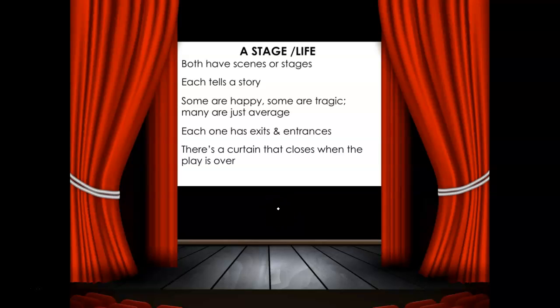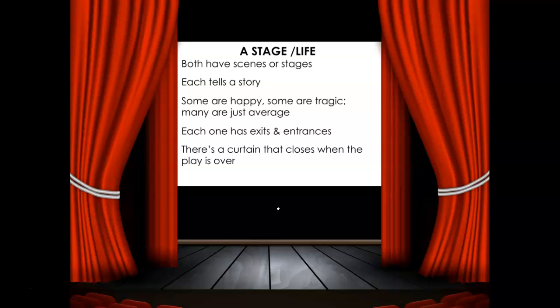Okay, so some ways that a stage is like life. A stage and a life both tell a story. You have a life story, your biography, the story of all the things you've experienced. And on a stage, you act out stories. You both have scenes. In your life, there are many different moments, and each moment is a scene. There are different stages of your life.